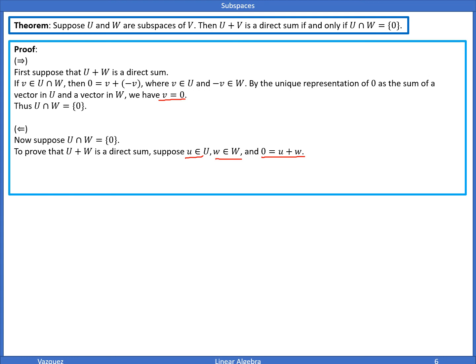So what do we need to show? Well, we need to show that u is equal to w and it's equal to 0.